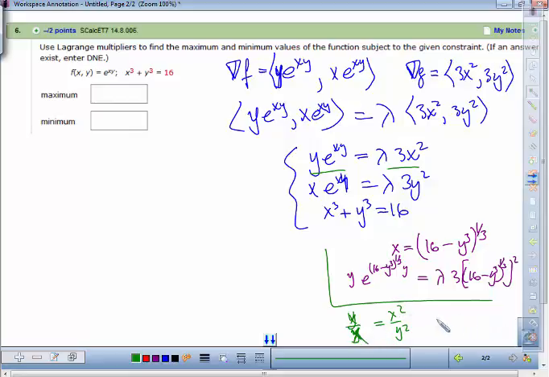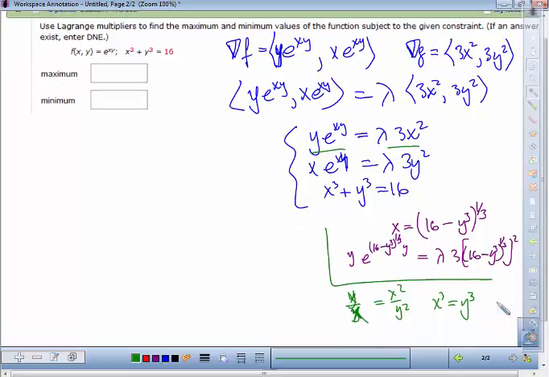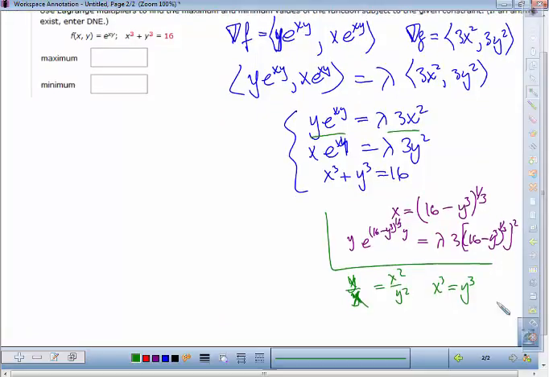And then we have what? X cubed is equal to y cubed. Is that right? X cubed equals y cubed. And what do you want to do with that?